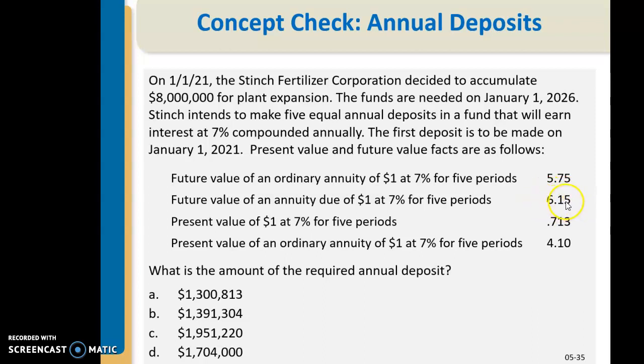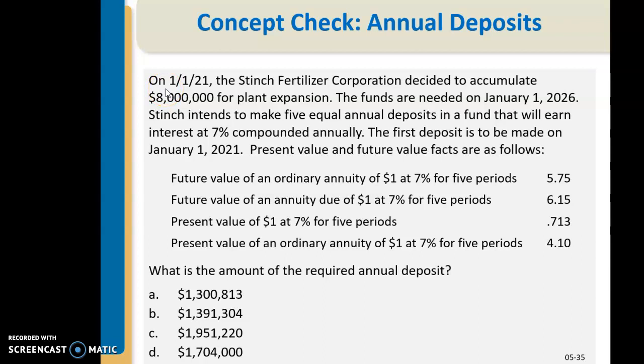Now, it's not a matter of multiplying that factor times the future value. That doesn't work. In a normal future value calculation, we take our payment times a factor to calculate the future value.